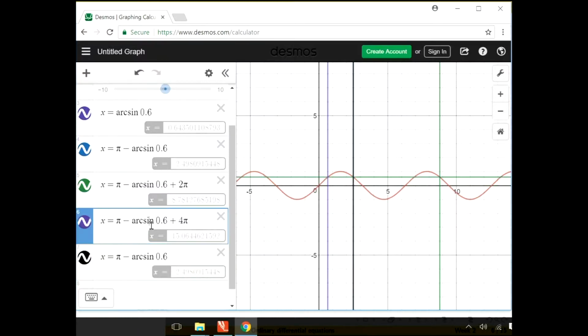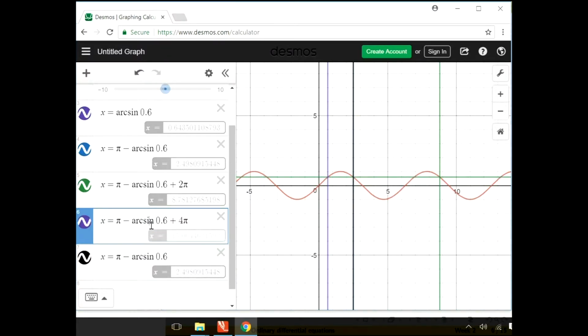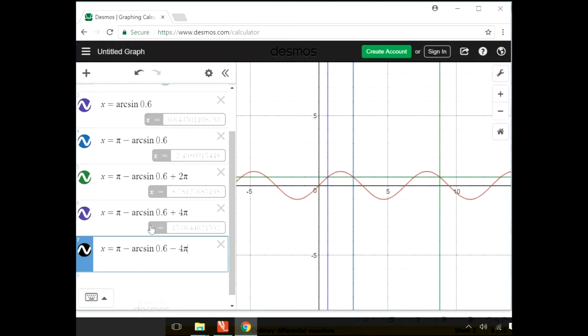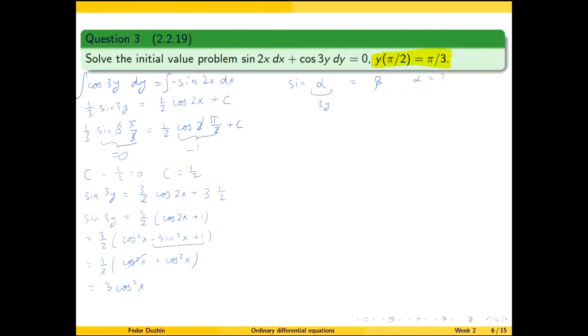We subtract 2 pi, we get yet another solution, and so on and so forth. Okay, I hope it's clear, right? So generally speaking, alpha equals inverse sine of beta plus 2 pi n, or pi minus inverse sine of beta plus 2 pi n are solutions.